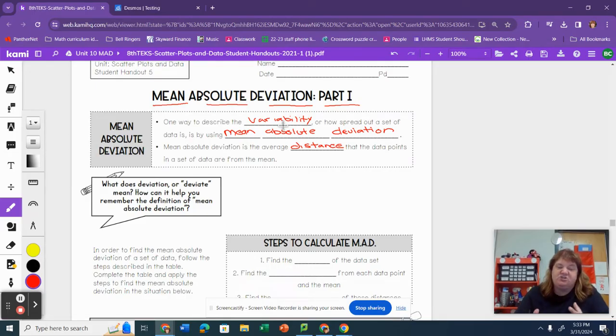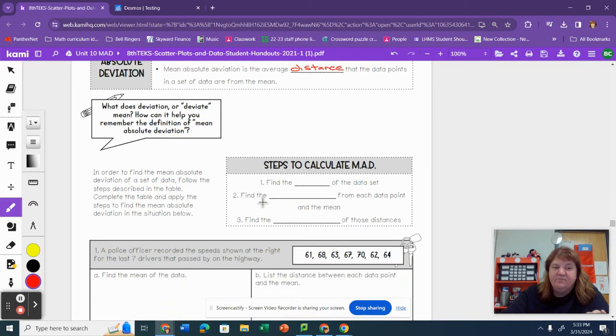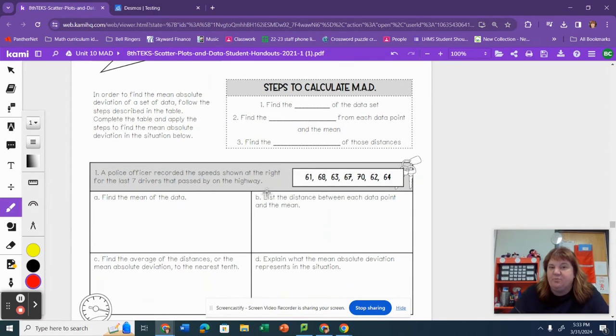Let's just go to how to do it. The first thing you do, so there are steps. As long as you follow the steps, you'll be fine. Step one, you're going to find the mean of the data, and I've showed you how to do that on Desmos. Then you're going to find the distance from each data point to the mean.